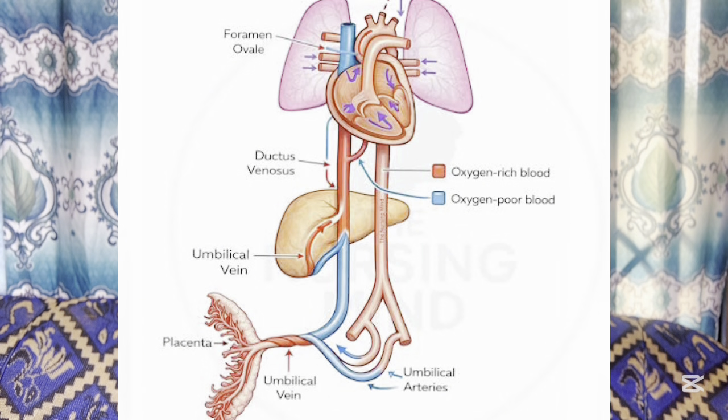What this ductus venosus does is direct the blood from the umbilical vein straight into the inferior vena cava so that it's not going to bother the fetal liver, because this guy is immature and he cannot function. That is why the circulation tries to bypass him. So now the blood has found its way into the right atrium as it should.